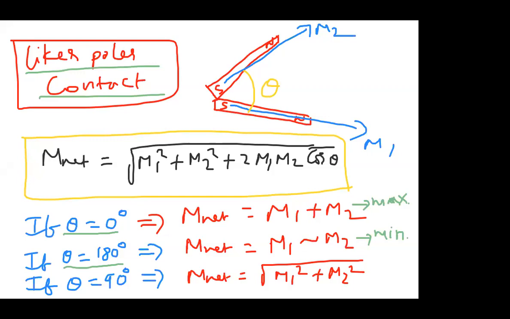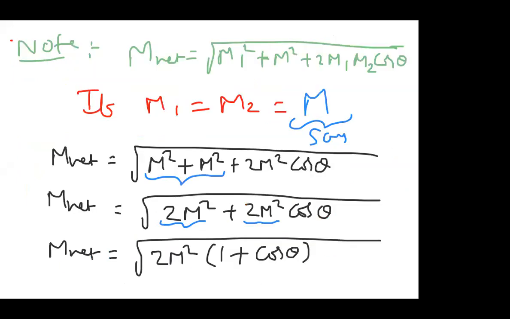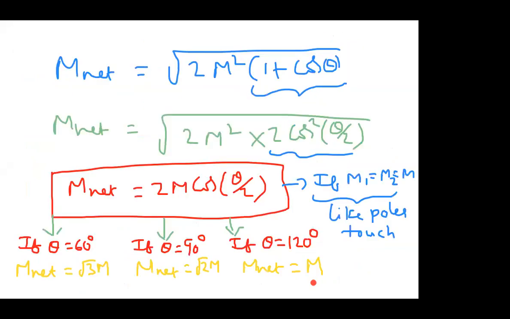After that, we told that m1 and m2 values are both equal, and by simplification and substitution I got the expression as 2m into cos theta by 2.